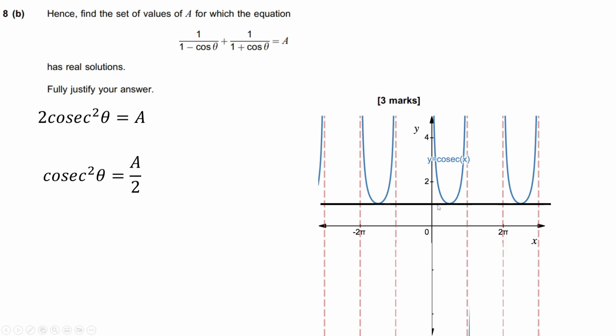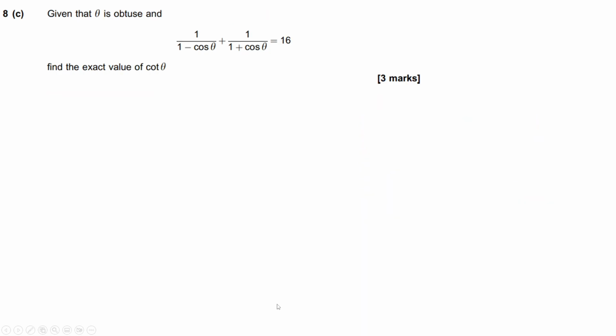For cosec theta, it's going to be 1, and then you square it to get 1 squared, which is still 1. So cosec squared theta is always greater than or equal to 1. So this y value here is 1. So we just want a over 2 to be greater than or equal to 1, i.e. we want a to be greater than or equal to 2, which is the answer.